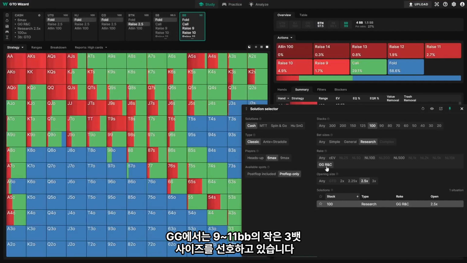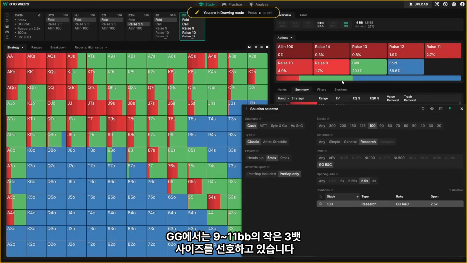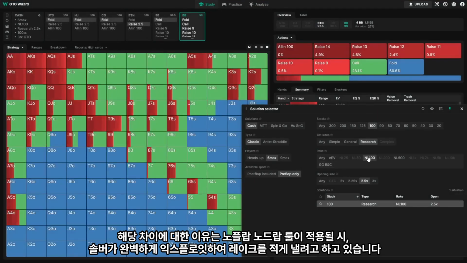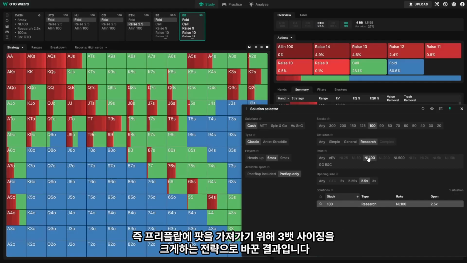Compare that to GG Russian cash, where the solver prefers smaller raise sizes, 9 big blinds, 10 big blinds, 11 big blinds. And again, the reason for this is that when the no flop, no drop rule is in effect, the solver will absolutely exploit that rule to try and pay less rake. It'll adjust its strategy to something that 3-bets large and often in order to take down the pot pre.